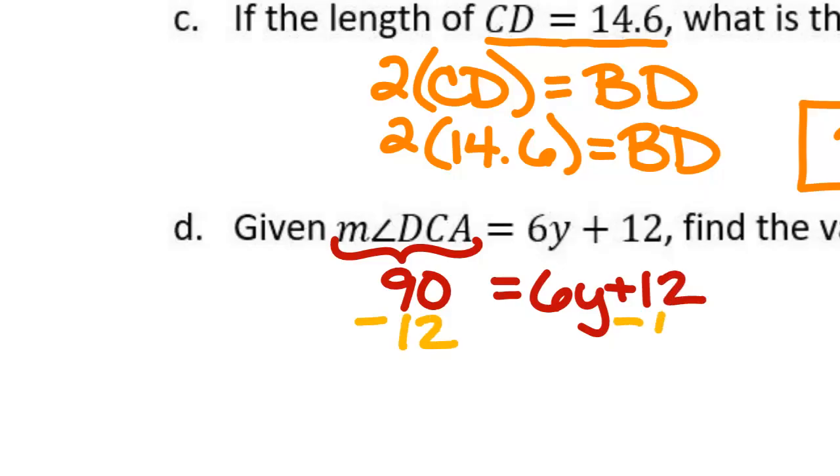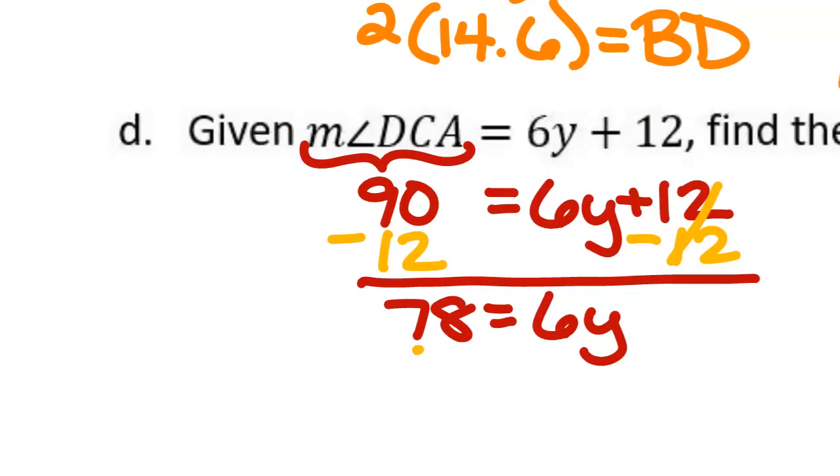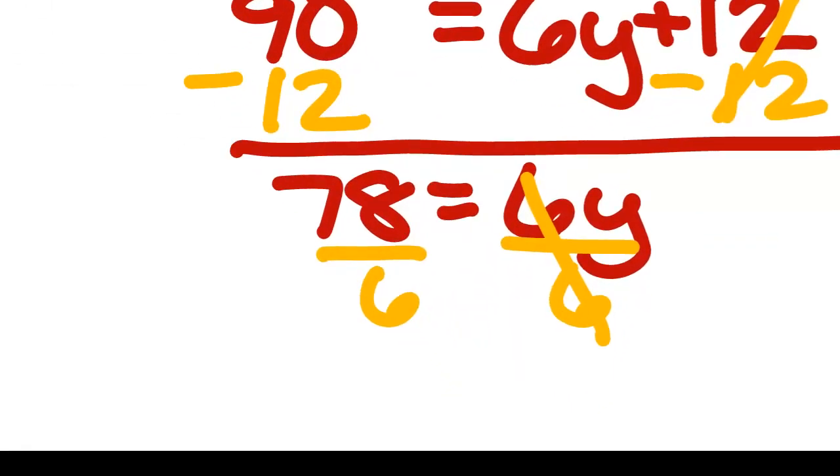Then I'm going to subtract 12 from both sides. That gives me 78 equals 6y. Divide both sides by 6. This looks a lot like what we did on number 1 on the last part. What is 78 divided by 6? 13. So 13 equals y.